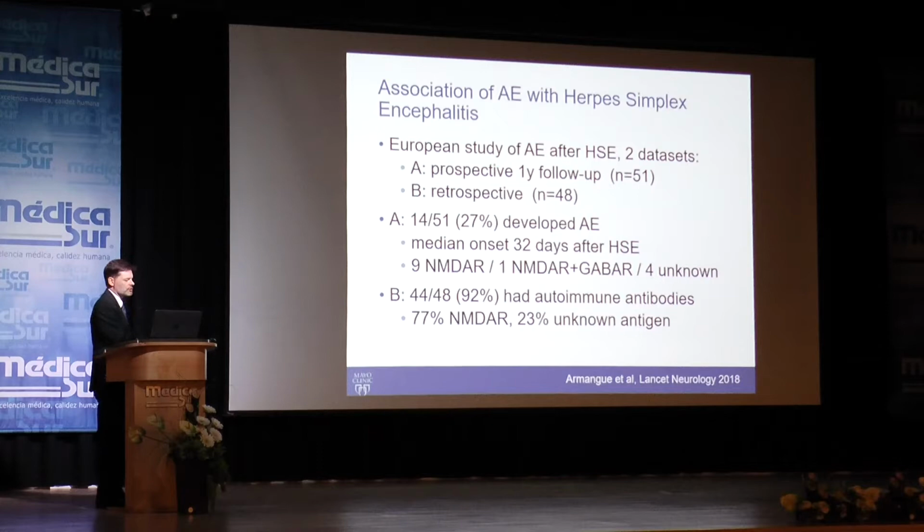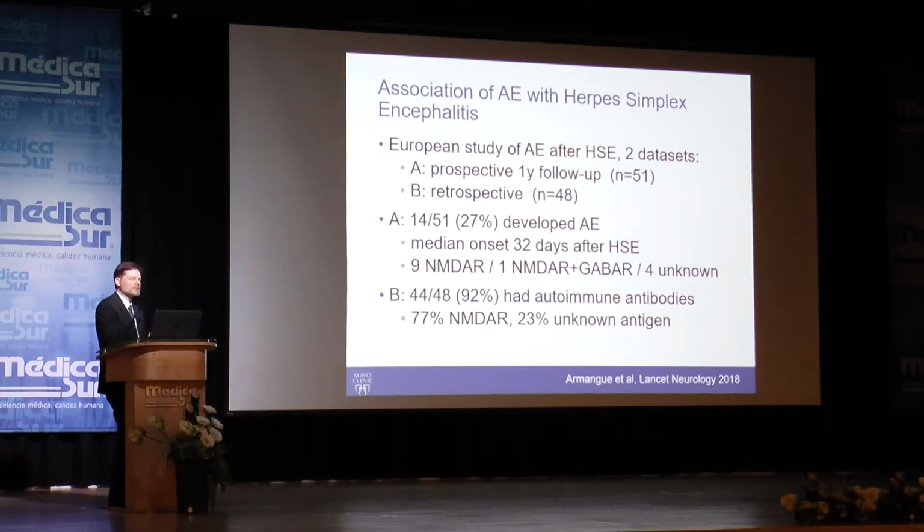And then this was an intriguing study that was just published this month in Lancet Neurology. And this was a European study that looked at the association of autoimmune encephalitis with herpes simplex encephalitis, because there had been a number of case reports and small series showing that some patients who developed herpes encephalitis later developed what looked like an autoimmune encephalitis, or even was almost certainly autoimmune because they had antibodies like NMDA receptor antibodies detectable in CSF.